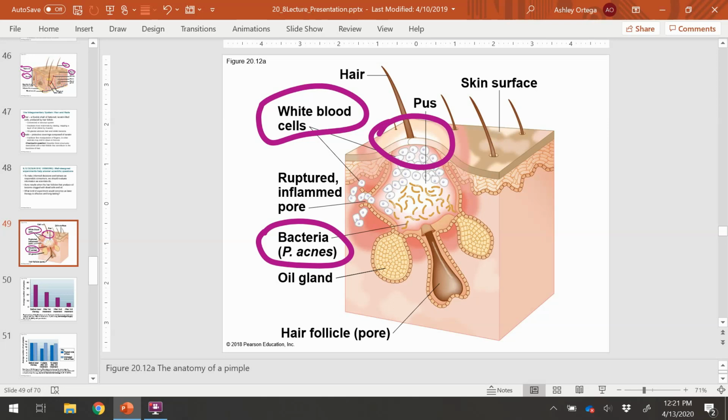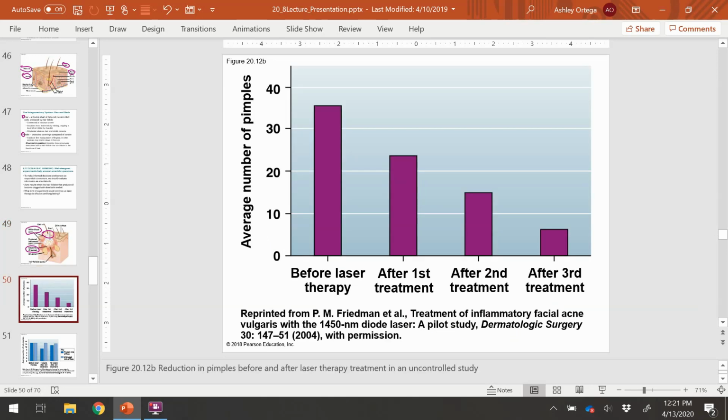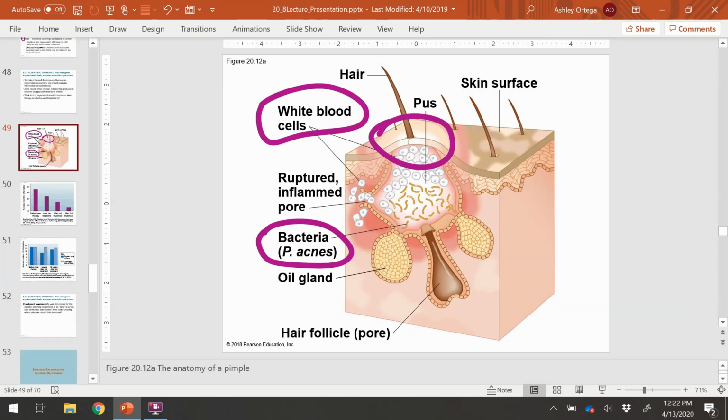This white pus is actually white blood cells that have gathered to destroy, in this case, the bacteria, or also dead cells, and oil can generate a similar response. So that's just an example. It's not something you necessarily need to know.